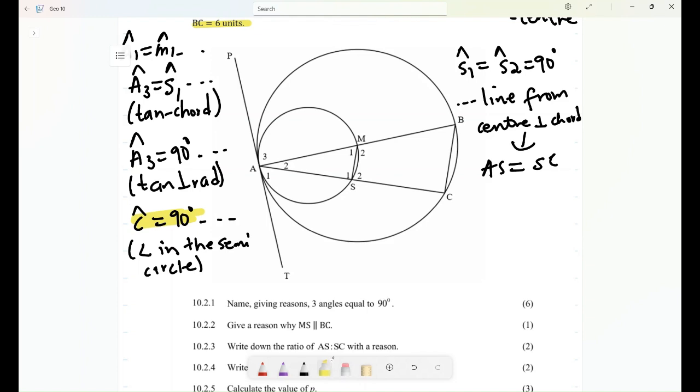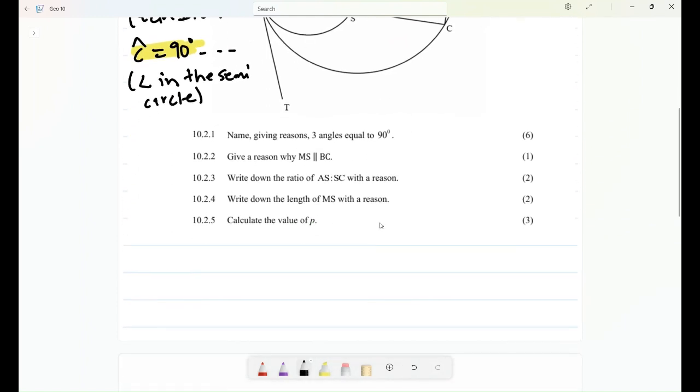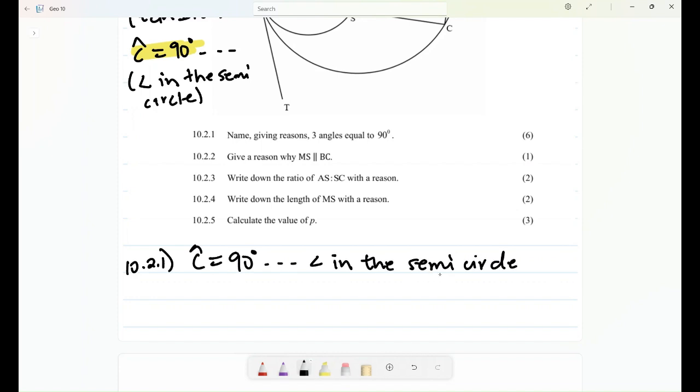Let's write them down formally. 10.2.1. Angle C is equal to 90. Why are we saying that? Angle in the semicircle.